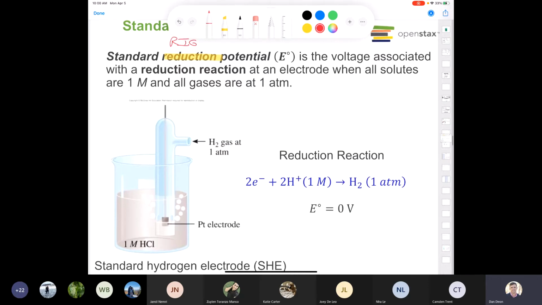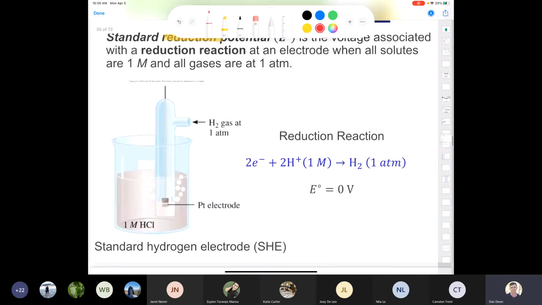So here is a standard hydrogen electrode. The way that we make a standard hydrogen electrode is that we have a 1 molar solution of hydrochloric acid in which we submerge a platinum electrode. Now remember, platinum is a relatively inert metal. It is unreactive. In the 1 molar solution of HCl, we're going to have 1 molar H plus ions and Cl minus ions. We also bubble H2 gas, hydrogen gas, at a pressure of 1 atmosphere.